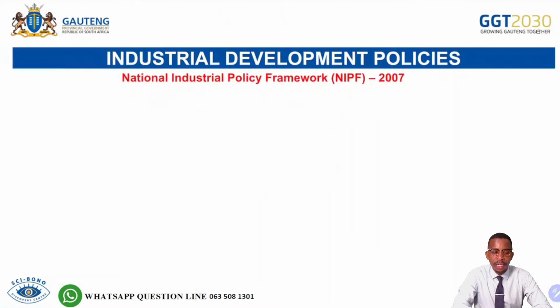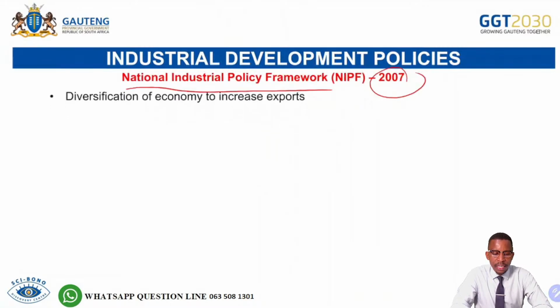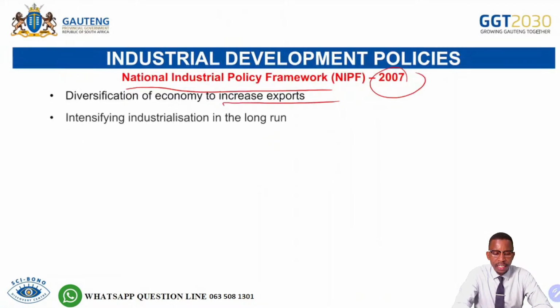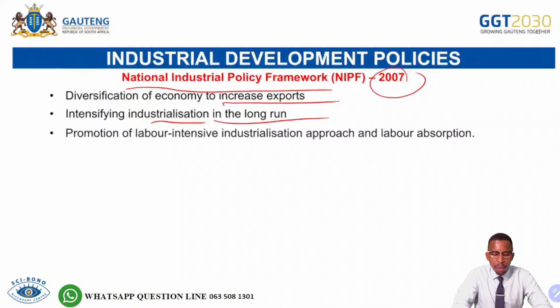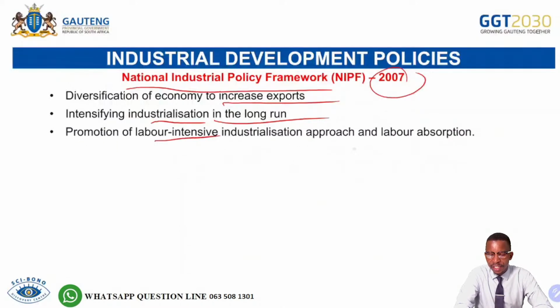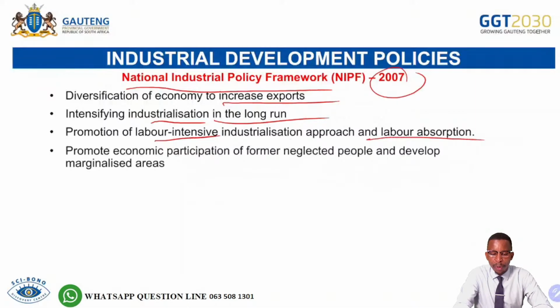So policies, we talk about the National Industrial Policy Framework, NIPF, which was formed in 2007. It was formed to ensure that there's a diversification of the economy to increase exports to the global markets, intensifying industrialization in the long run, and then the promotion of a labor-intensive industrialization approach and labor absorption, and then promote economic participation of formerly marginalized or neglected people and areas.